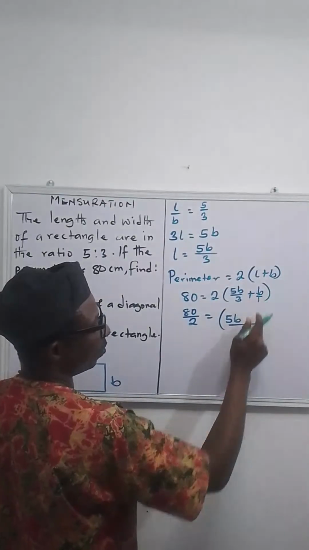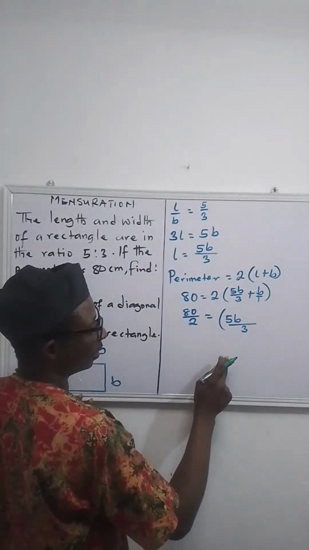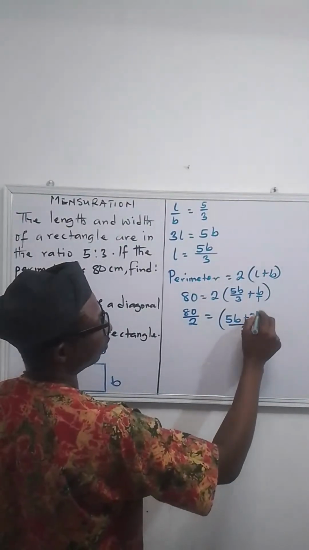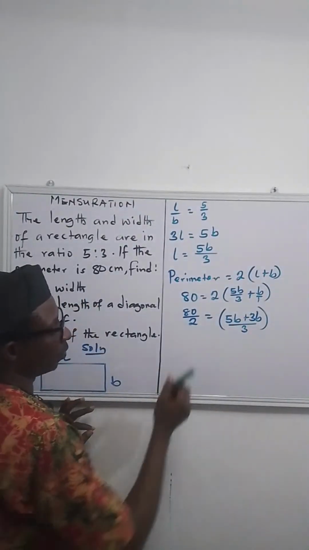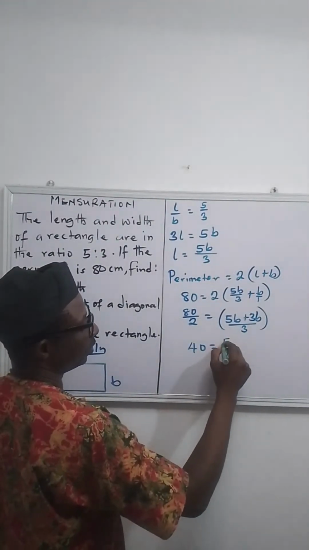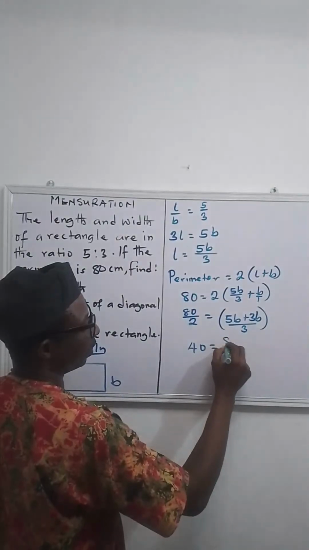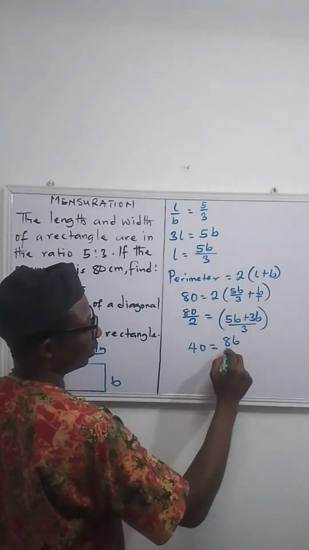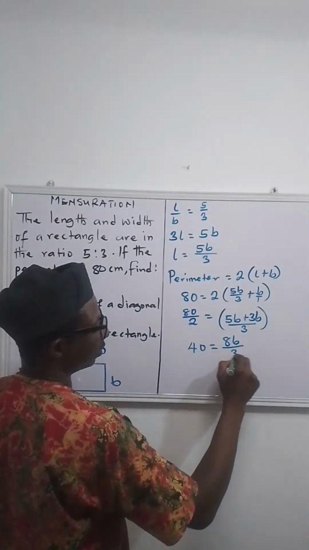This is over 1. 1 goes in 3, that is 3, 3 times b, that's 3b. So we have 40 equals 8b over 3, because when you add 5b and 3b, you have 8b.